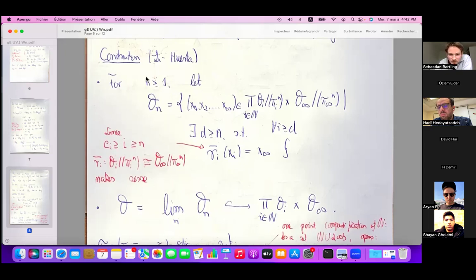That's why I also need the ramification to grow to infinity as i goes to infinity.